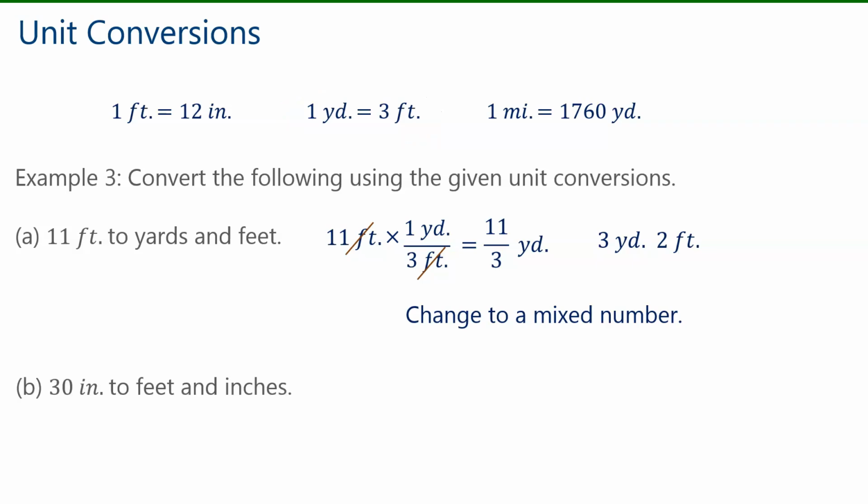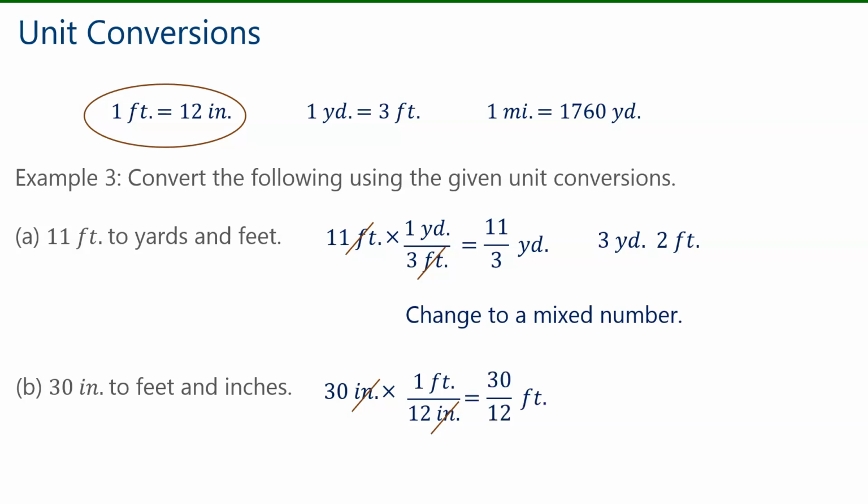So let's try that again with this example. We have 30 inches. We got to change that to feet and inches. So we'll use our first conversion to start by changing the inches to feet. So I'll multiply 30 by 1 foot over 12 inches. So now when I cancel the inches, I'm left with 30 divided by 12, which once again doesn't divide evenly.